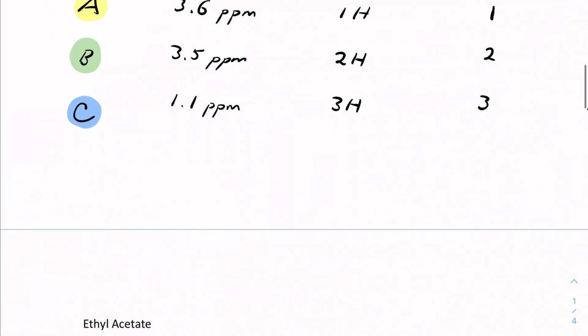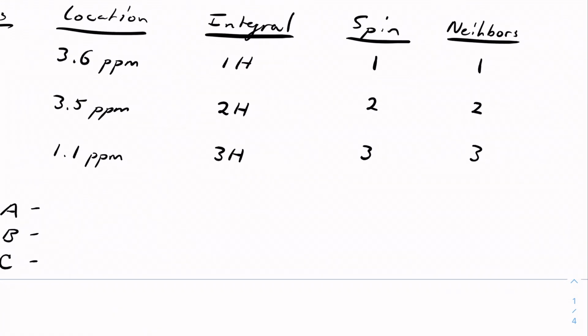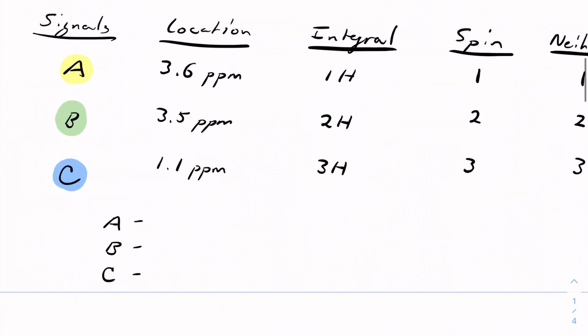And then from that, we're going to make our guesses for what A, B, and C are. We'll start off with A. Like we said, it's most likely going to be an O or an OH. And from our ethanol chemical formula here, we can determine that it's most likely going to be an OH group.